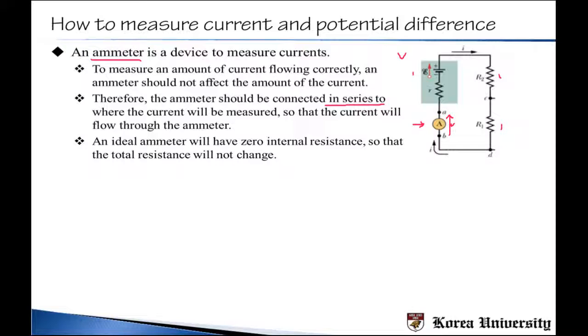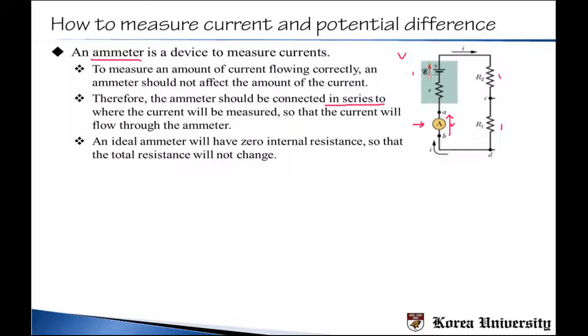Okay. And in fact, when you do that, there's one more thing you have to be careful about. Any real device will have some resistance. You cannot really make a device with perfectly zero resistance. When you connect this ammeter in series, according to what we have learned in the previous slide, you are adding resistance, so the total resistance may increase.